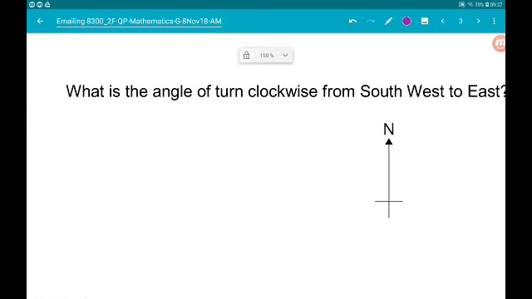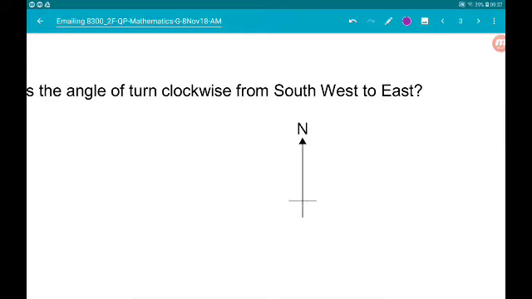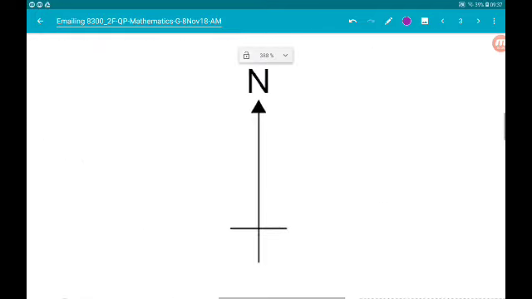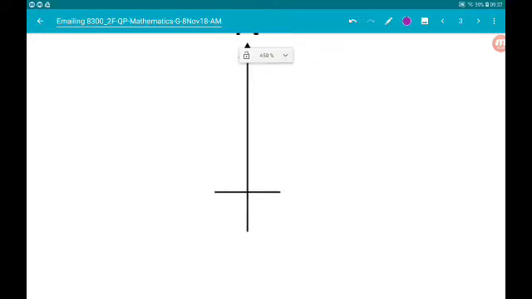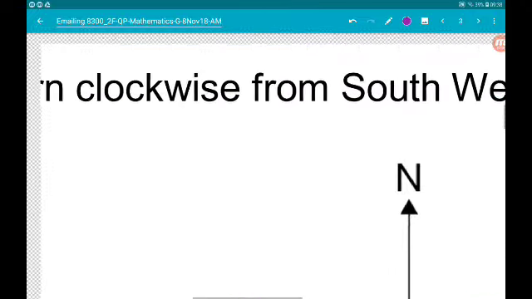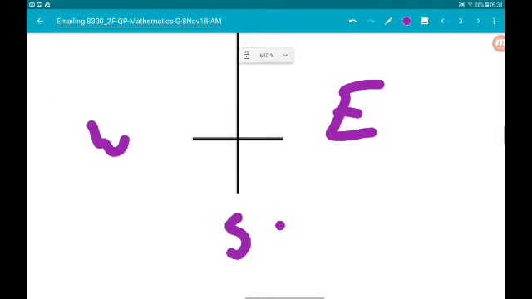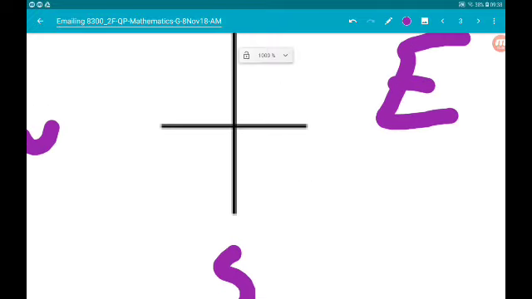Question 4. What is the angle of the turn clockwise from southwest to east? Circle your answer. Okay, so never eat shredded wheat: North, east, south, west. Now we want the angle clockwise from southwest to east. So southwest is exactly halfway between south and west.